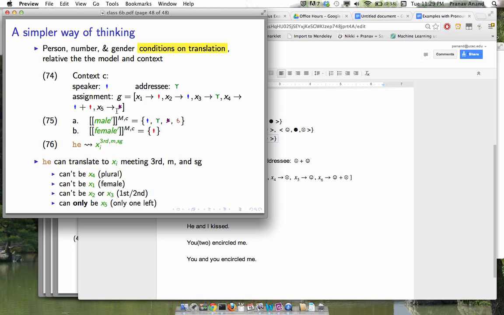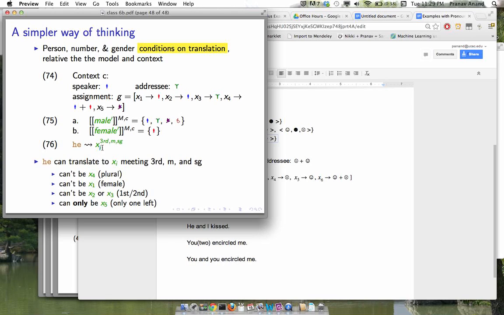And then the model specifies that the males are the blue man, the weightlifter, the snowboarder, and then this person in a wheelchair, and the female is this red woman. When we are trying to translate he, which we now know is third masculine and singular, what we have to do is figure out what index it could have.